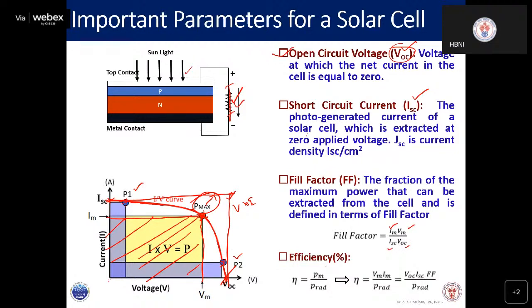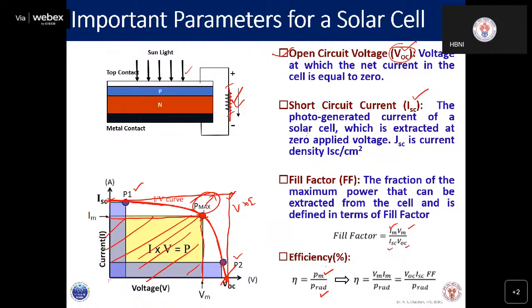So now we have three parameters: open circuit voltage, short circuit current, and fill factor. Efficiency can now be found out as the maximum power drawn divided by the power irradiated.